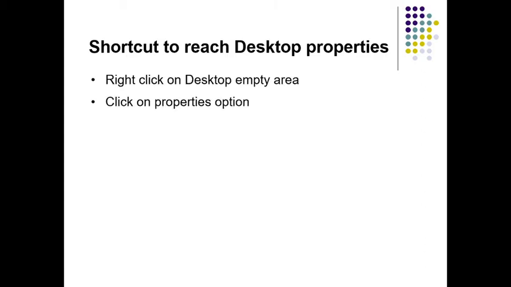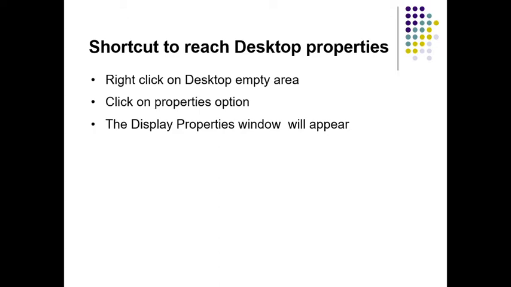Shortcut to reach the desktop properties. The other method for opening the desktop properties, apart from the one we have seen: go to start, programs, settings, control panel, or go to the search text box, type settings, and then open the display properties.